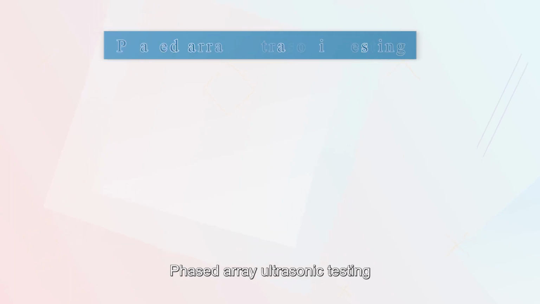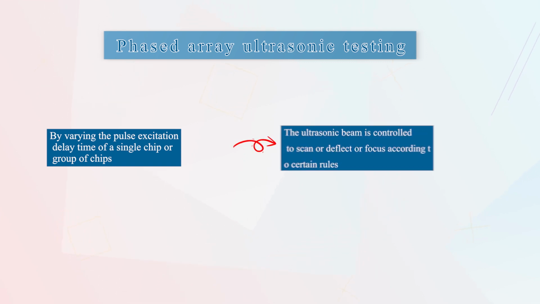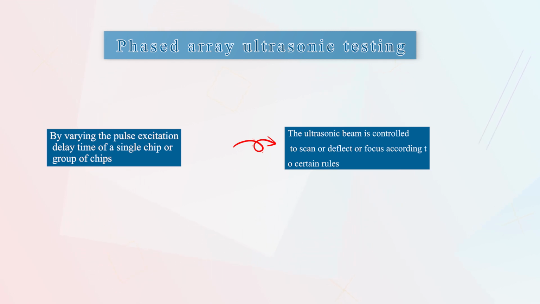Phased array ultrasonic testing changes the pulse excitation delay time of a single wafer or wafer group so as to control the ultrasonic sound beam to scan or deflect or focus according to a certain rule.